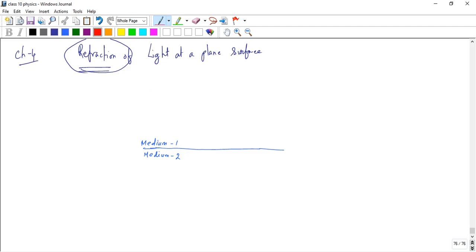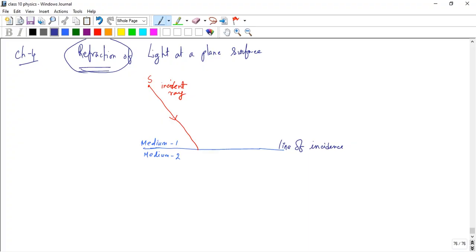A ray of light from the source is called the incident ray, and this divider line is called the line of incidence.